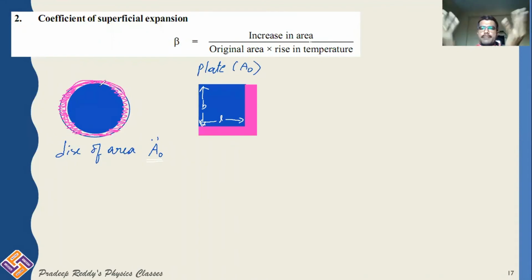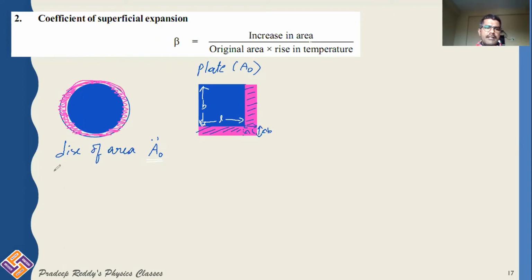Likewise, if you take the plate, the total length expands. This is the expanded length, delta L, and the breadth also expands, delta B. So this is the total expanded region.